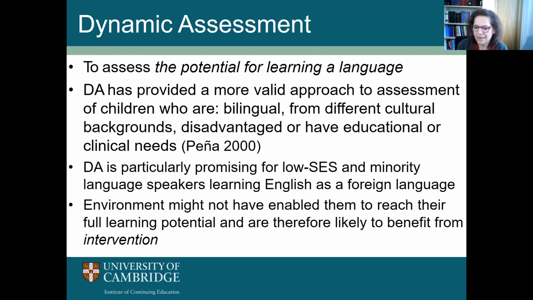And it is in that sense particularly promising for low socioeconomic status learners and minority language speakers learning English as a foreign language. Because in these cases, the environment of these learners might not have enabled them to reach the full potential that they already have cognitively, but it has not surfaced as well. So they are therefore likely to benefit from intervention. Intervention is teaching.